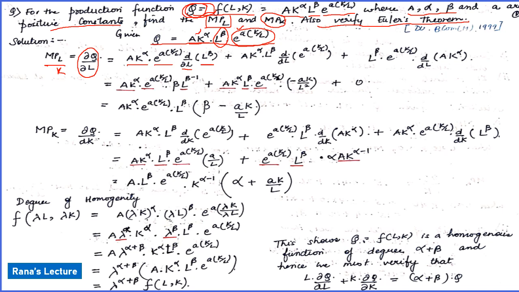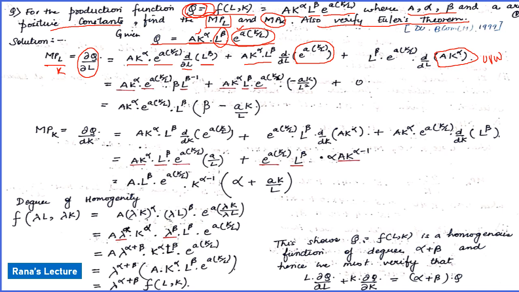Then I differentiate this portion, e to the power a into k by l, leaving the other parts as it is, right? Again we differentiate what is remaining at the end, that is A k to the power alpha. We are applying which formula? U V W, right?